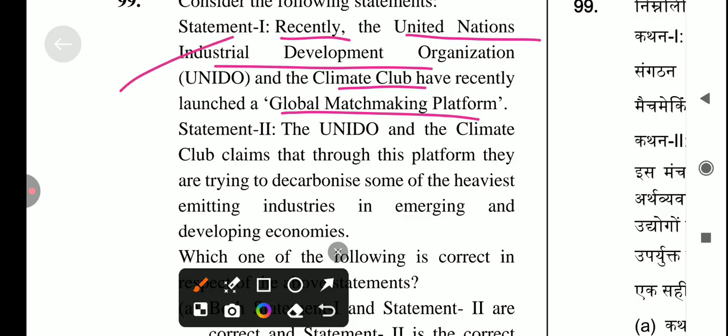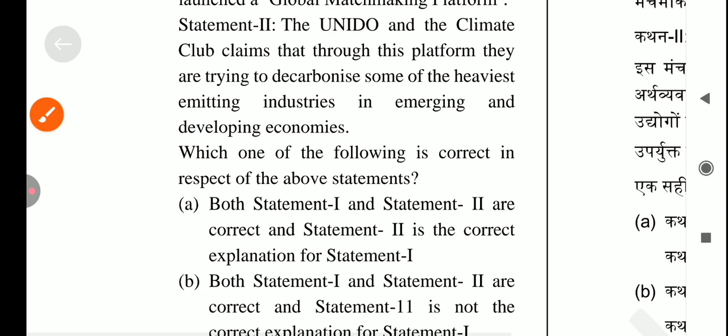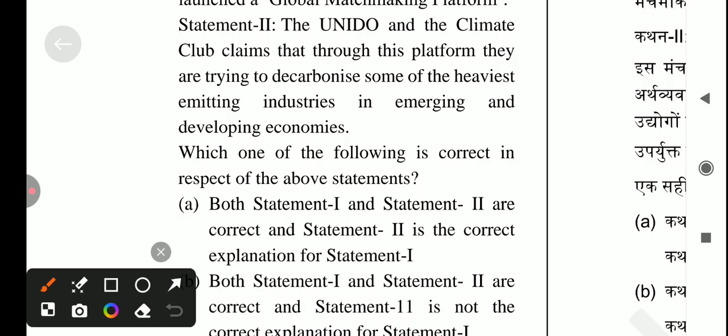Next is, UNIDO, the United Nations Industrial Development Organization, and the Climate Club aim through this platform to decarbonize some of the heaviest emitting industries in emerging and developing countries. Yes, it's also correct. So the answer for this question is option B. Both statements are correct, and statement 2 is the correct explanation of statement 1.